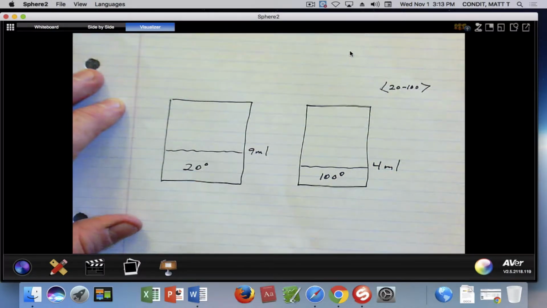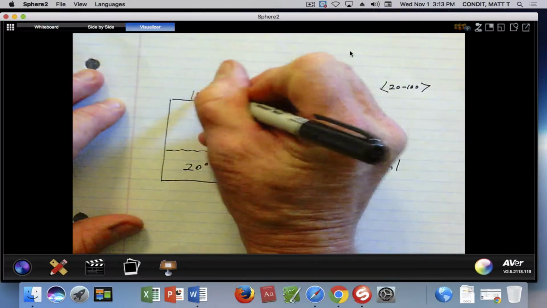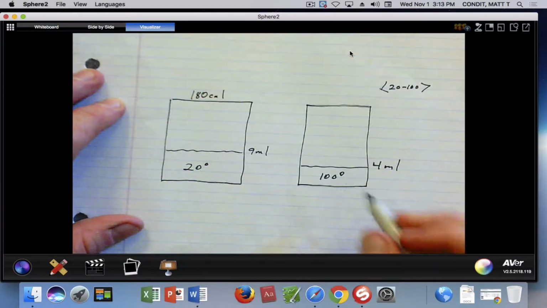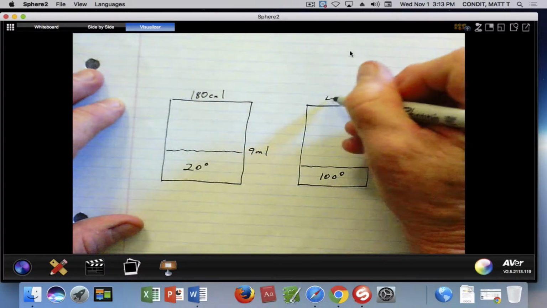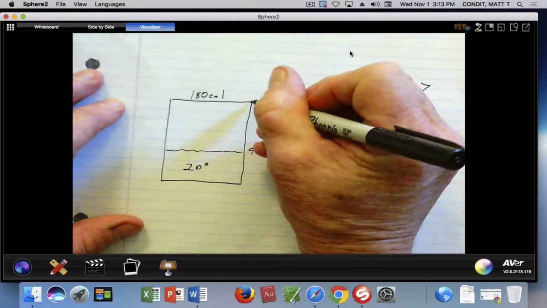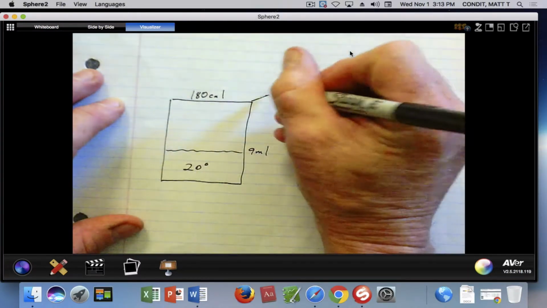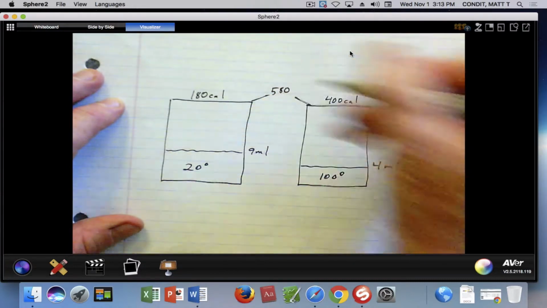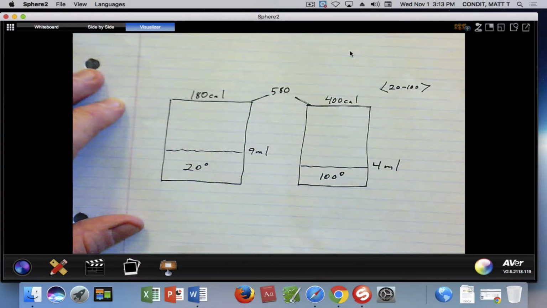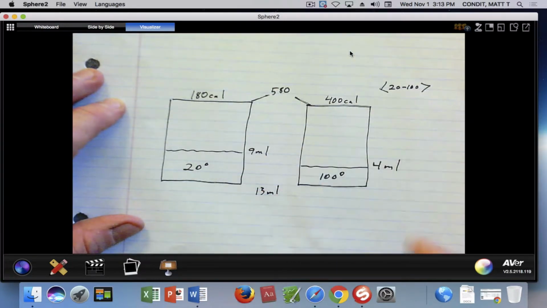Now we find our total calories in each one. 20 times 9 will be 180 calories. 4 times 100 will be 400 calories. Next step, we find our combined calories, and that will be 580 calories. And then we find our total milliliters. That is going to be 13 milliliters.